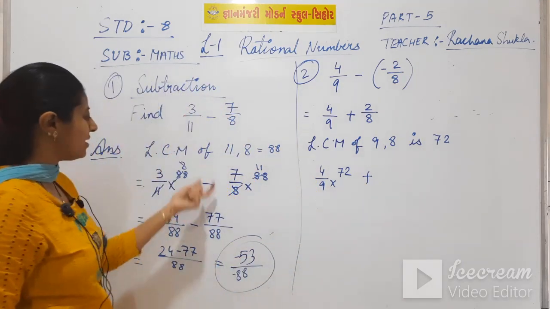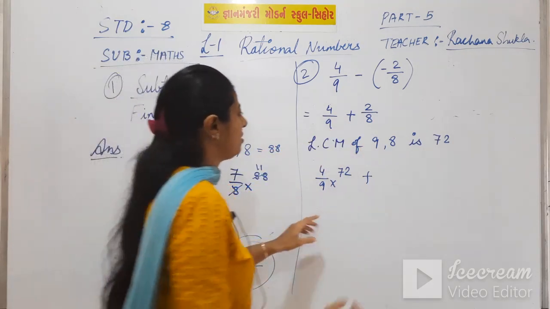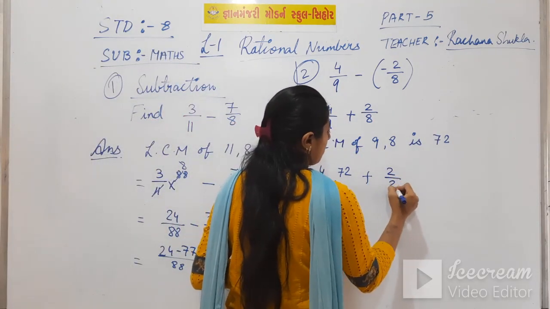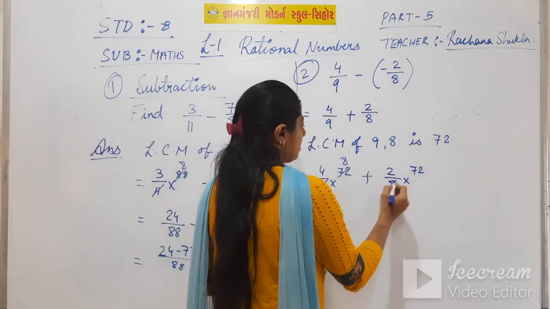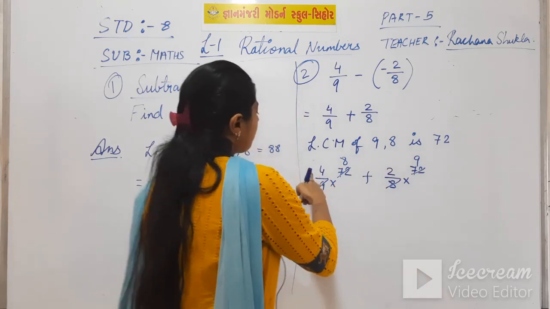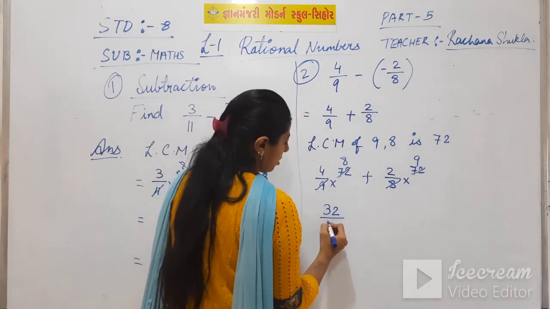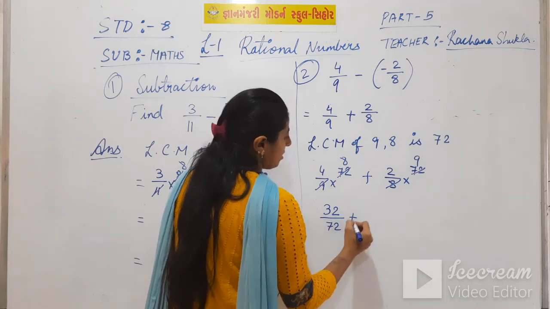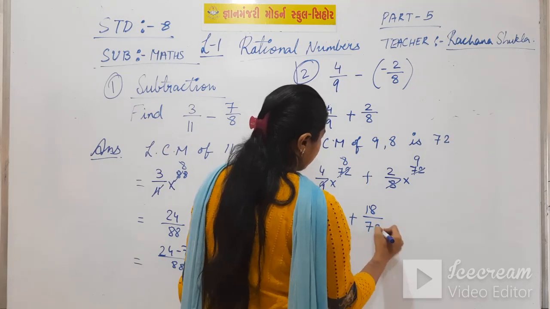Here it was minus, so we put minus here. Here it is plus, so we will put plus here. Then 2 upon 8 into 72. Now 9 8s are 72, 8 9s are 72. Multiply: 4 8s are 32 upon 72, and again 2 9s are 18 upon 72.